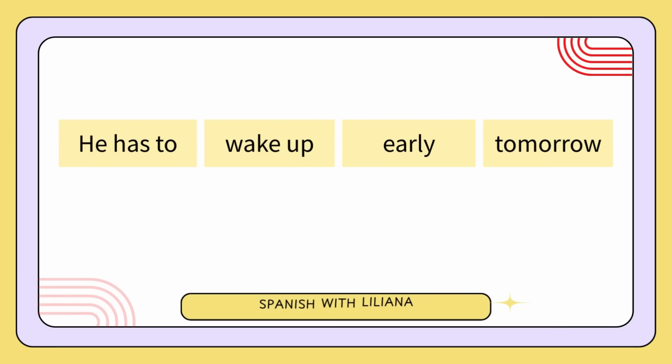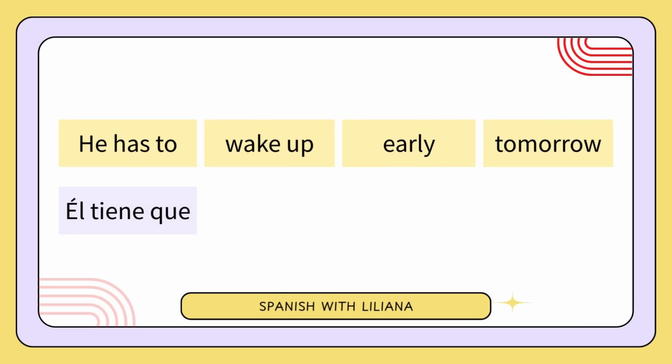All right, the next sentence is, he has to wake up early tomorrow. How would you say he has to? Él tiene que. And wake up? Despertarse.